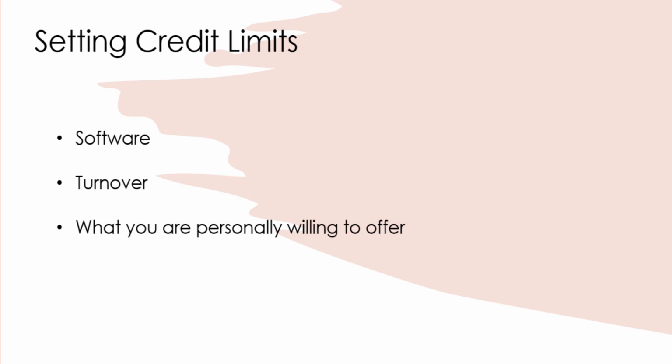So if you're expecting the customer to perhaps buy £5,000 or $5,000, 5,000 euros worth of goods or services in a month, then giving them a £1,000, $1,000, €1,000 credit limit just makes no sense. Usually credit limits are set just above the customer's monthly turnover or expected turnover. So if they are going to do about £5,000 worth of business in a month, then the credit limit might be 5,500 or 6,000 at a push.